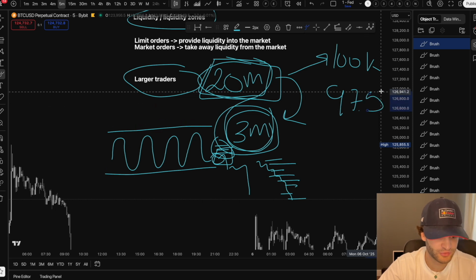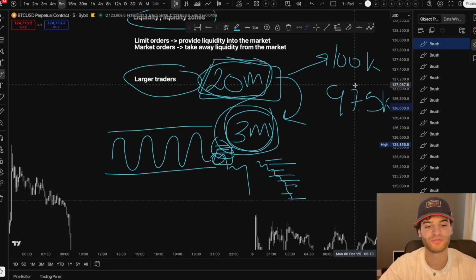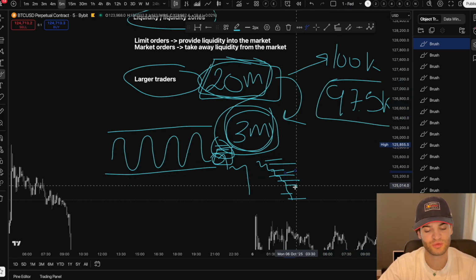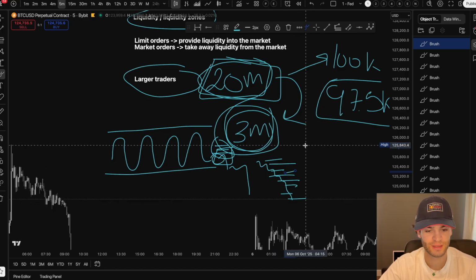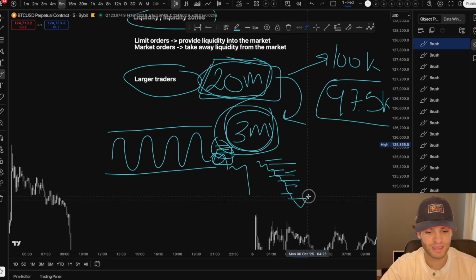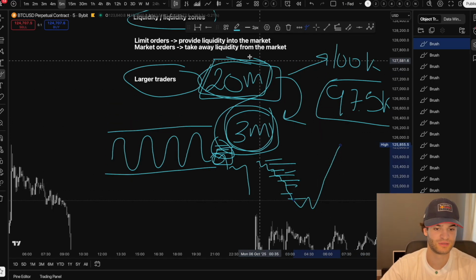I'm just giving examples. I don't know if this is actually what our average entry would be, but you would have your entry all over the place, because you would be crashing your own price, and then you would be getting filled lower and lower. And then perhaps 97.5K is a great support, and there's actually buyers that will push the price back up. And at this point, you just lost a ton of money.